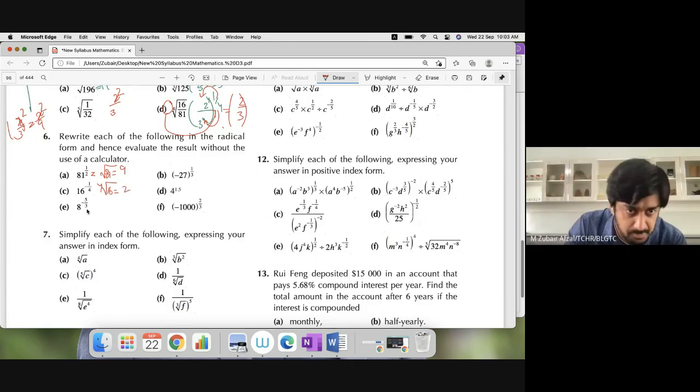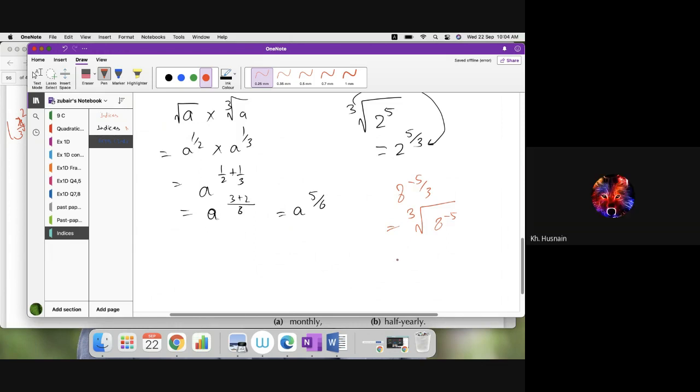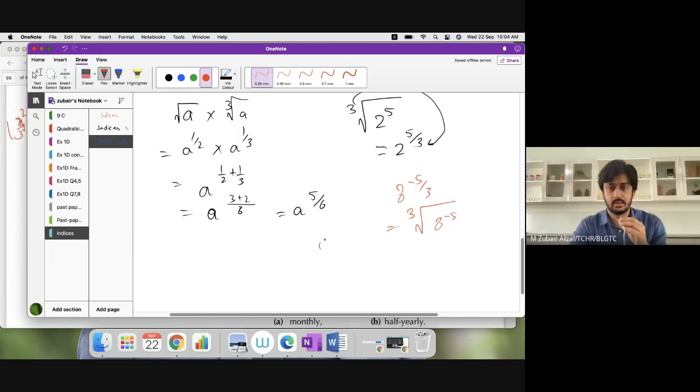This is 8 raised to power minus 5/3. May I write it like this, that 3 comes outside and this is 8 raised to power minus 5? Or I can do one more thing. May I write it as 2 cube raised to power minus 5/3?